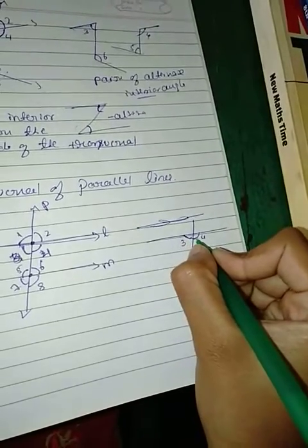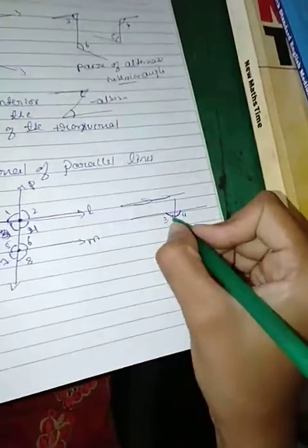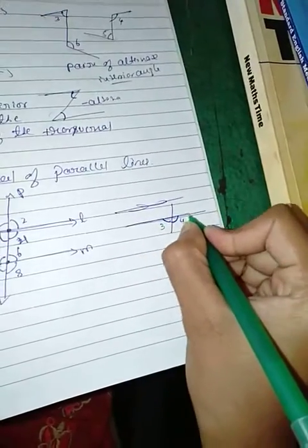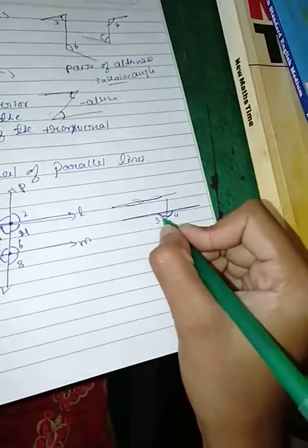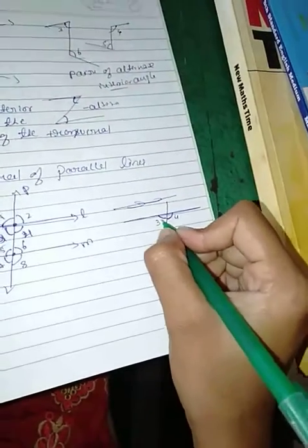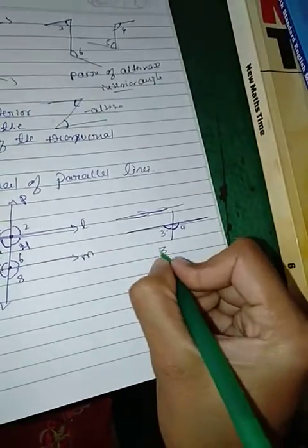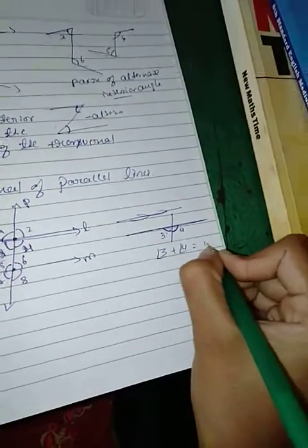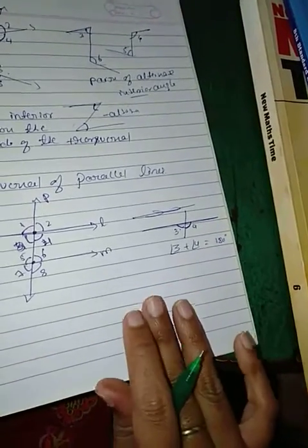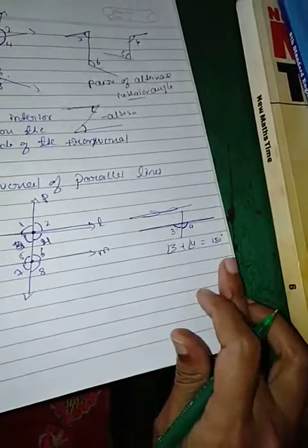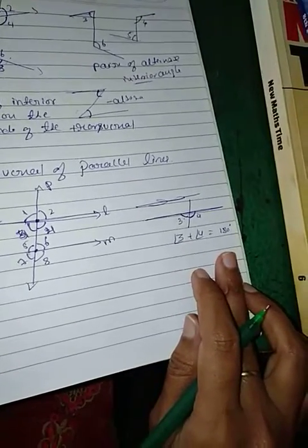When you join these, they form a linear pair, because adding them gives a straight line. Here linear means straight. If you add 3 plus 4, it is equal to 180 degrees, because they form the linear pair.